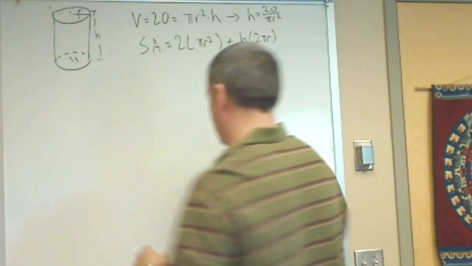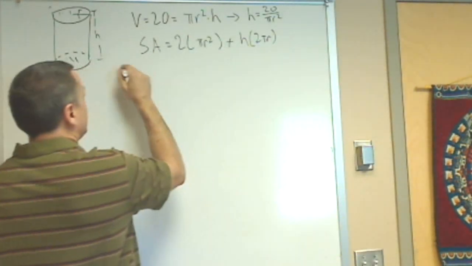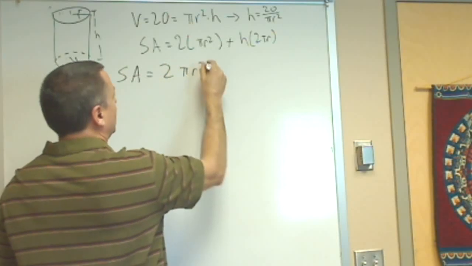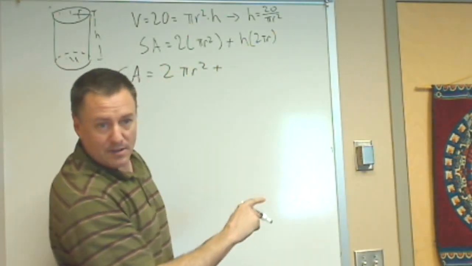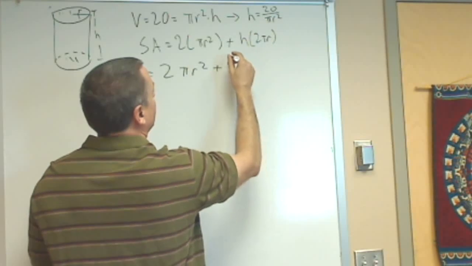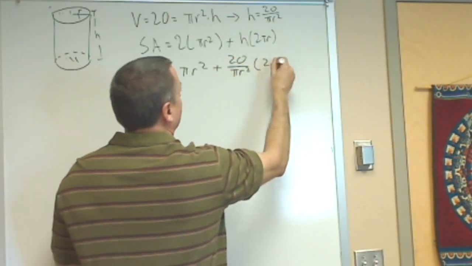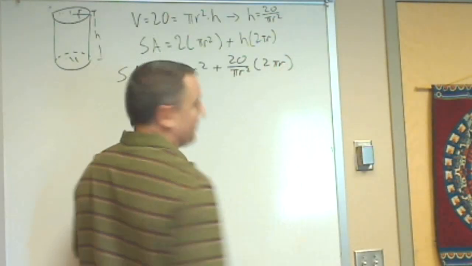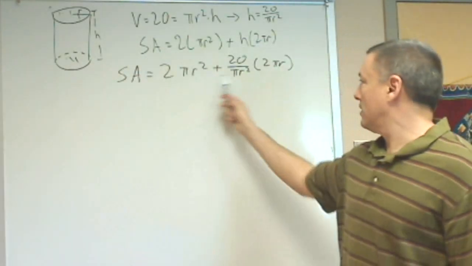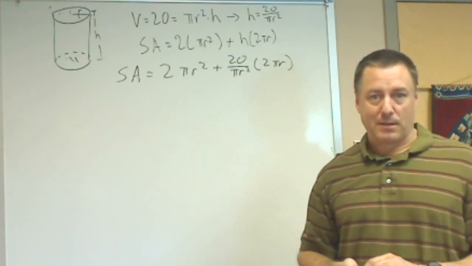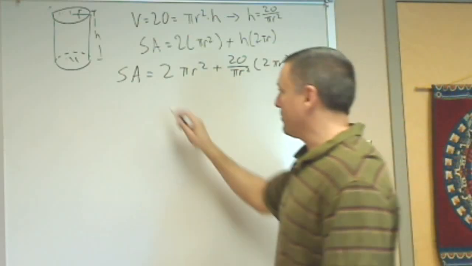And that allows me to turn the surface area equation into an equation with just one variable. Put in what I now know h to be, right here. And we have surface area is just a function of r. Perfect. Now before we get carried away and do any derivatives, I want to simplify this equation a little bit.